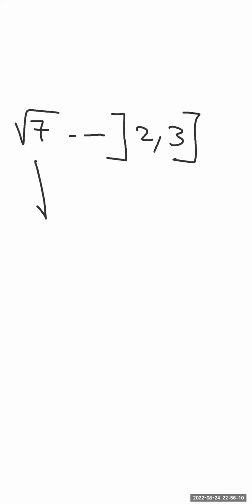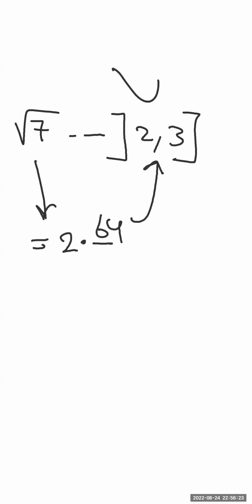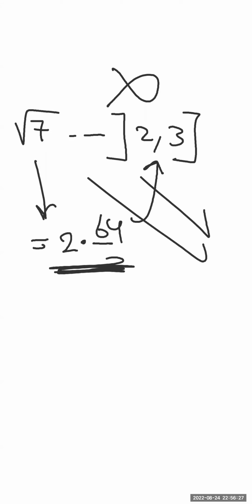Exactly. If we use the calculator, we will find that the square root of 7 equals 2 point something, 2.64 for example. So it's between 2 and 3. I don't care about 2; I need 2.64 to exist inside the interval. So belong. Correct, guys? Correct.